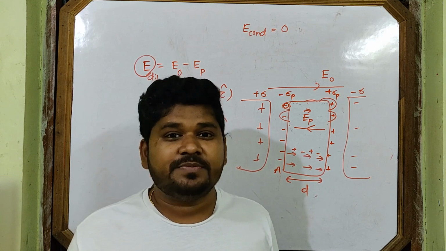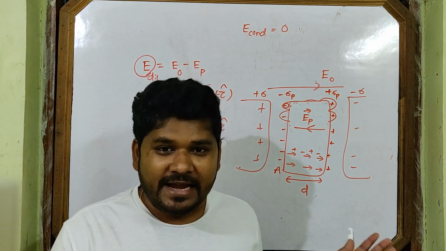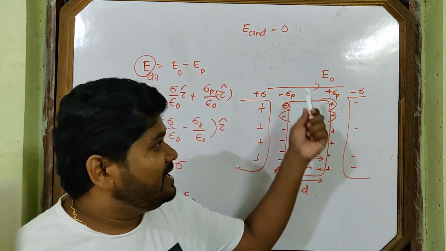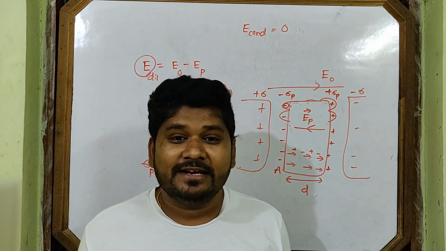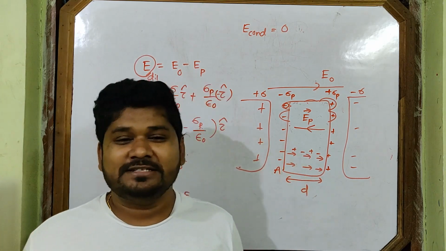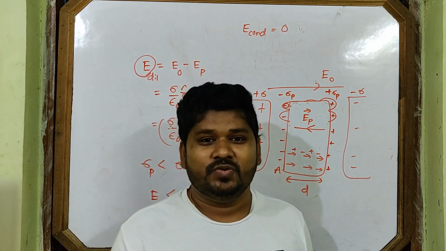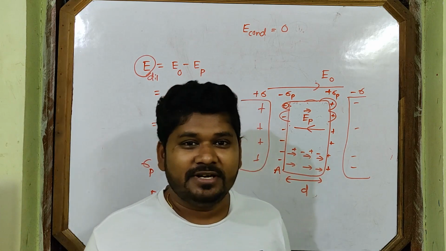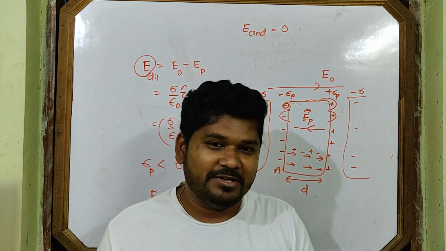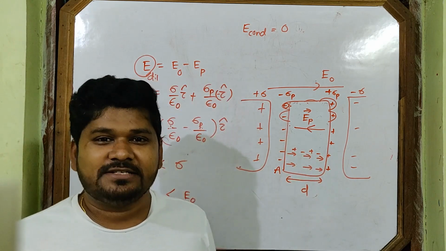A dielectric cannot induce that much electric field. That's the difference between dielectric and conductor. So in a conductor, the net electric field becomes 0. Now you can understand why the net electric field inside a conductor is 0, because the external electric field and induced electric field are equal in magnitude and opposite in direction, so they cancel each other.